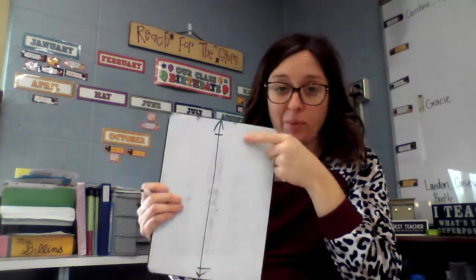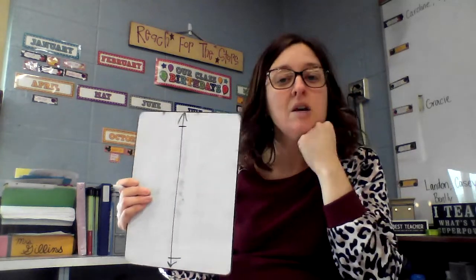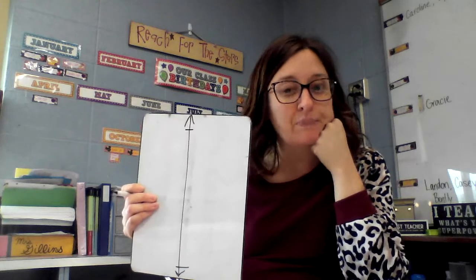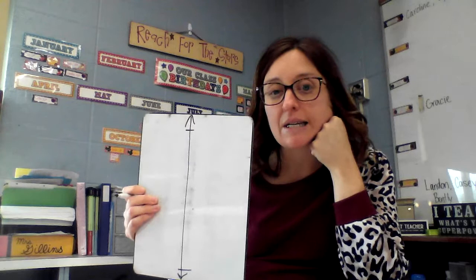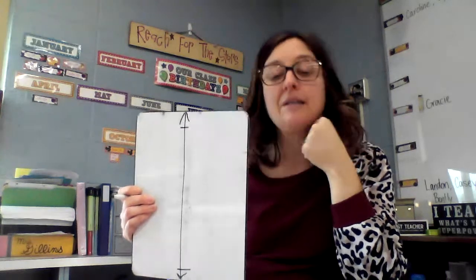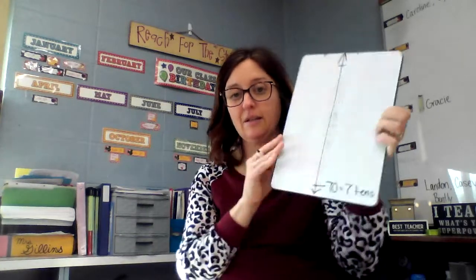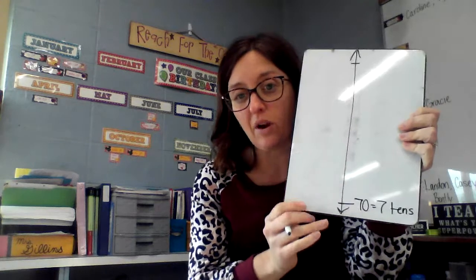My top endpoint is the number I am not going to go past. So let's think about the number 73. How many tens are in 73? 7 tens are in 73. So I'm going to write 70, which equals 7 tens. Okay, in 73, there are 7 tens.